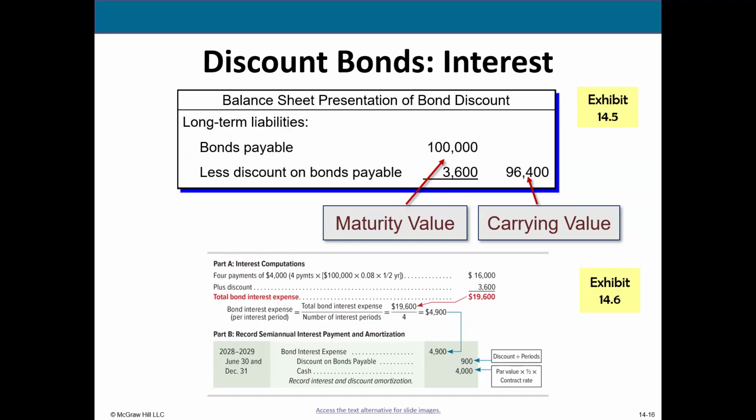Okay, so here's how this works. We're going to calculate the interest the way we normally would on its par value. So we're going to take the $100,000 times the interest rate of 8% times time. That is $4,000.